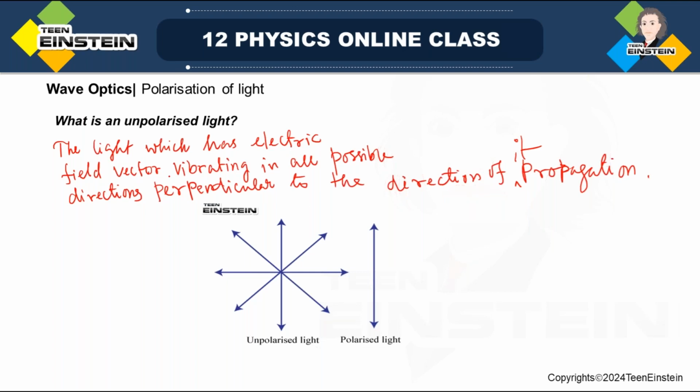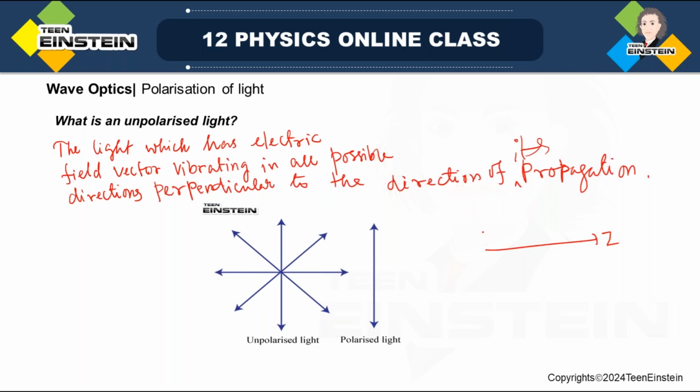Okay, so let me explain. The light which has electric field vector vibrating in all possible directions perpendicular to the direction of its propagation. See, light may propagate in a certain direction like this, maybe in the z direction.